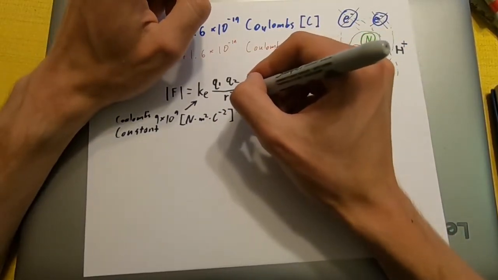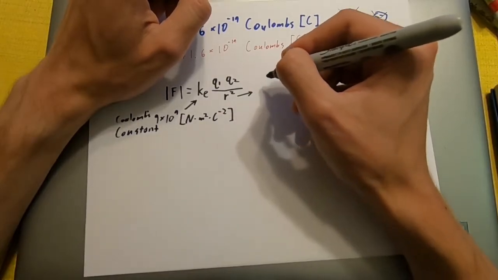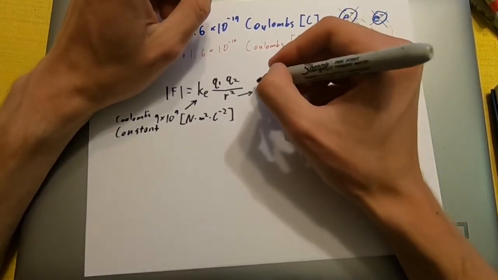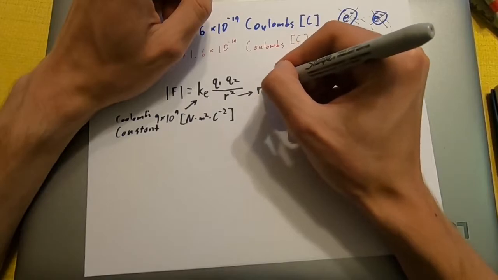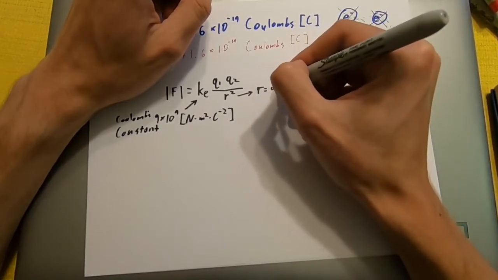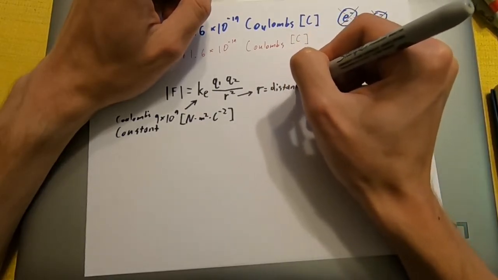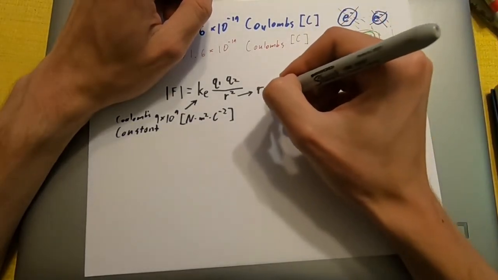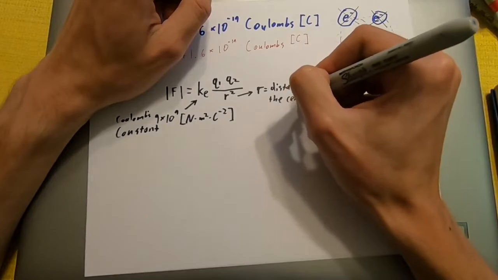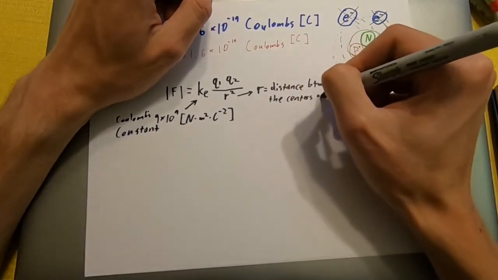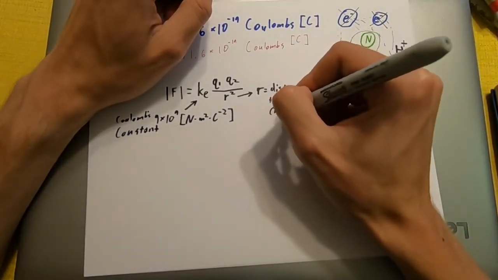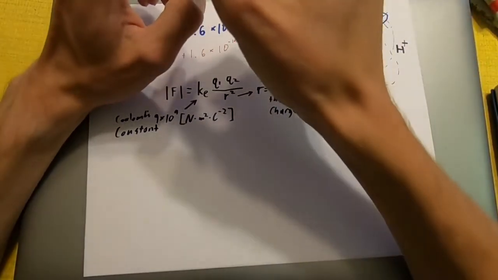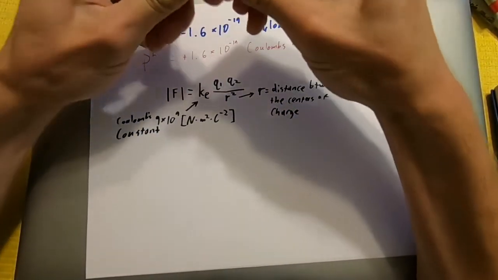So here R is equal to the distance between the centers of charge.